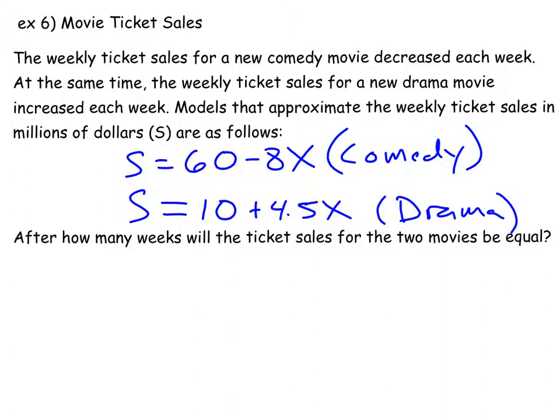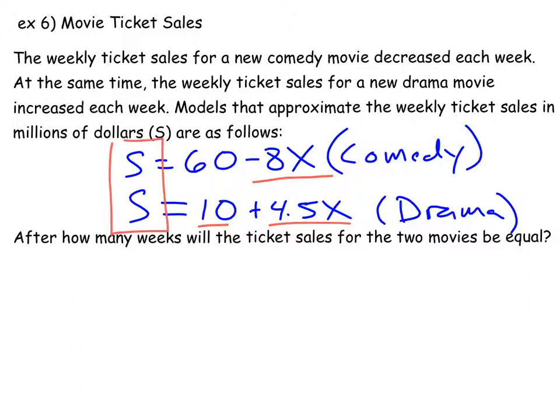But the comedy, which maybe has been out for longer, has, at the moment, a lot higher sales, but each week people are still going to see it, but less and less. Its sales are going down. The drama is not nearly at the level that the comedy is right now, but maybe it's newer, people are liking it, its sales are going up.